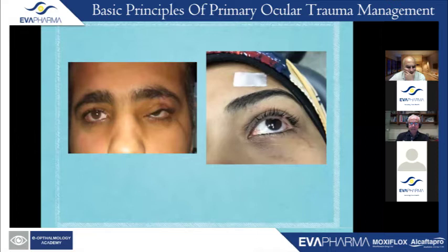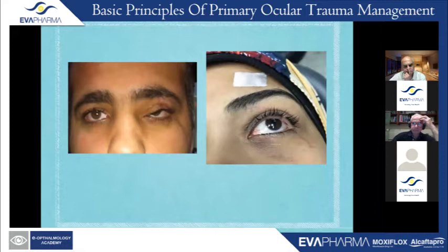Also, this patient had a cut in the lid margin, and because of bad technique of management, as you can see here, there is a notch in this lid margin. So she's not happy, although it's very, very minimal, but she is not happy with this unsightly notch here. So she came for correction of such a thing.